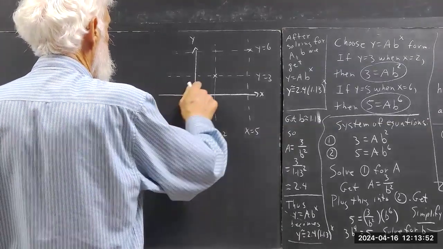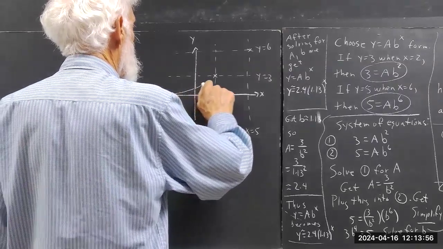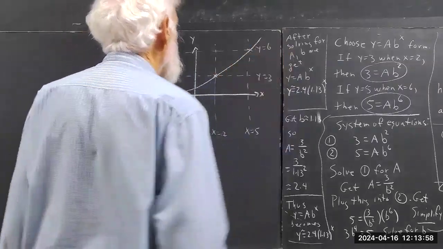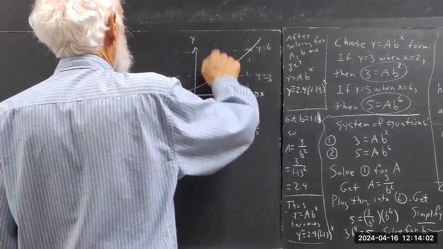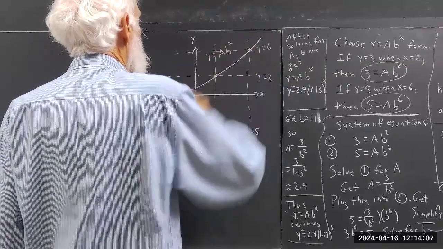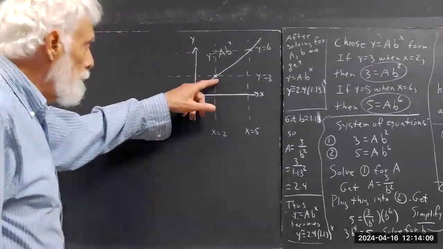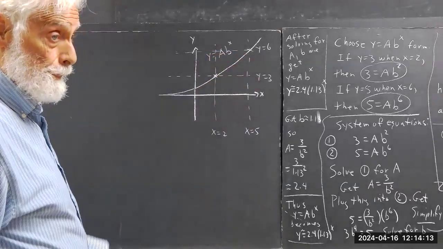If I try to sketch a graph of this thing, the graph might look like this. Not very well done. There's only one exponential function that goes through these 2 points.